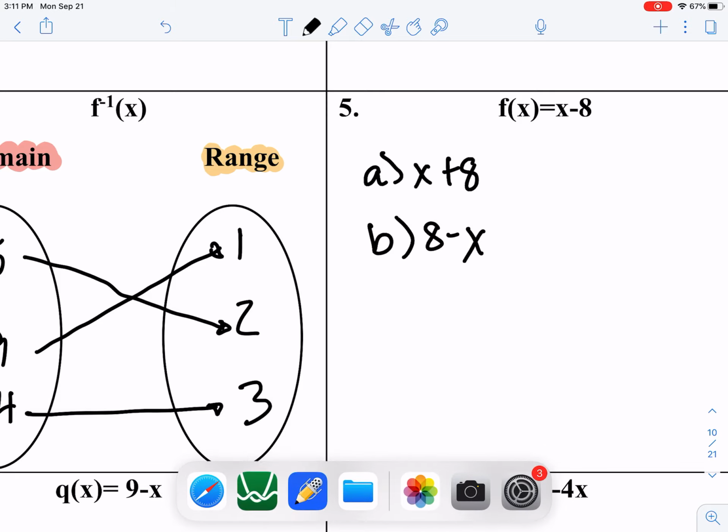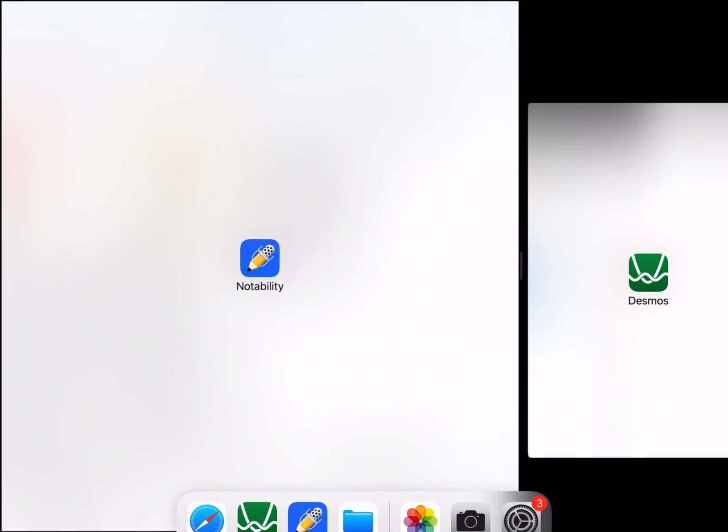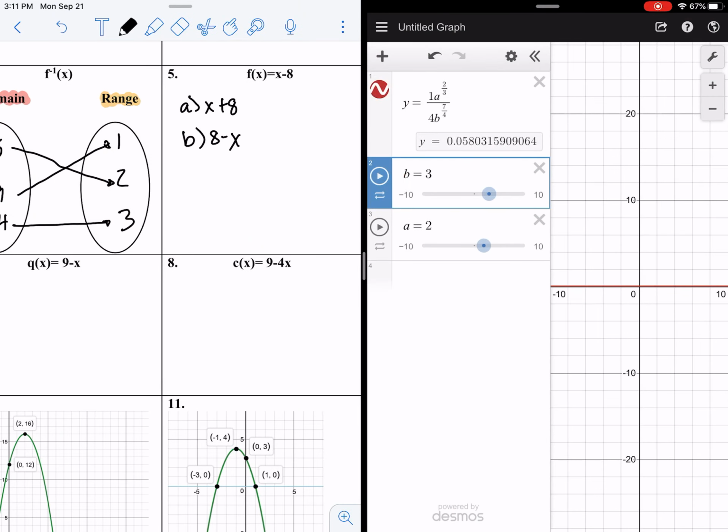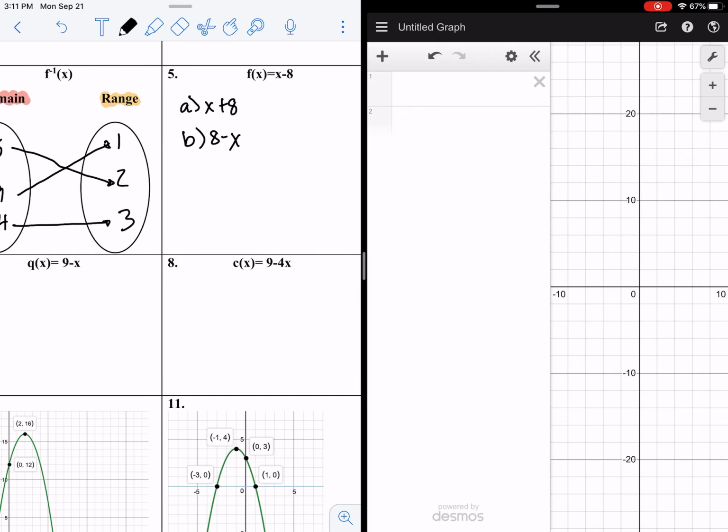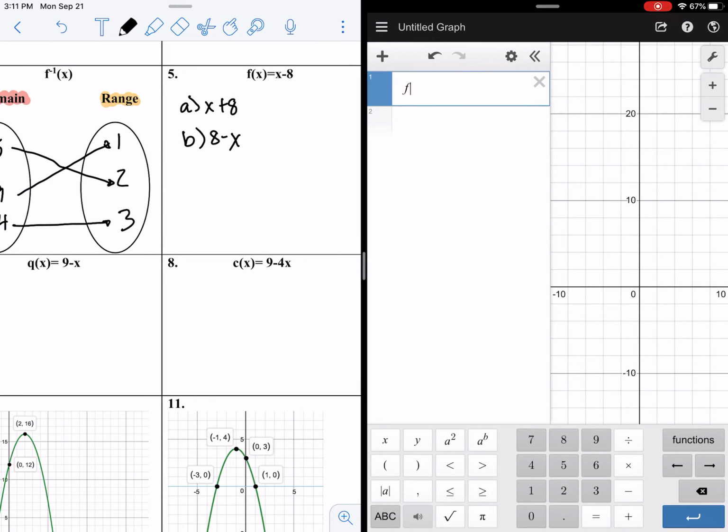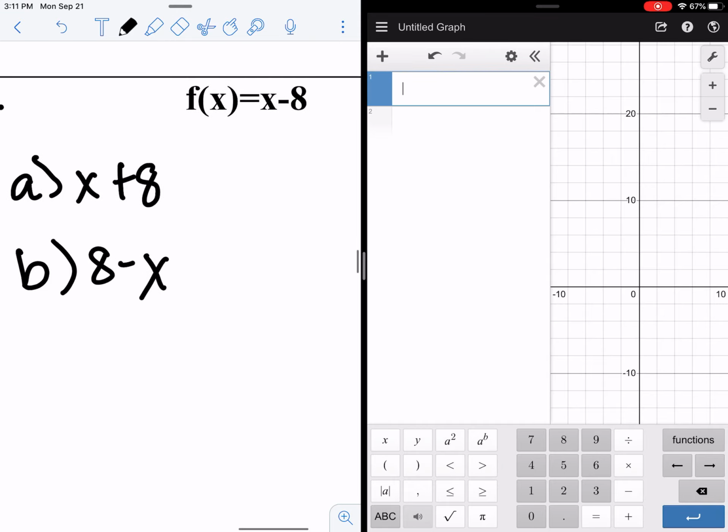If you give me a second, I'll tell you. I'm going to type in what I'm given. For these, what I want you to do is cross the f of x out and just put y. Y equals x minus 8.